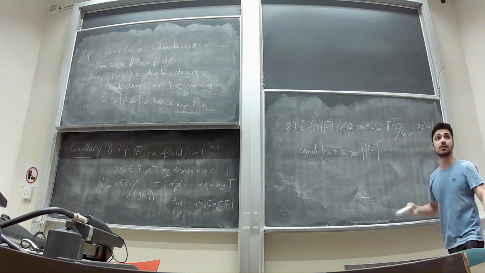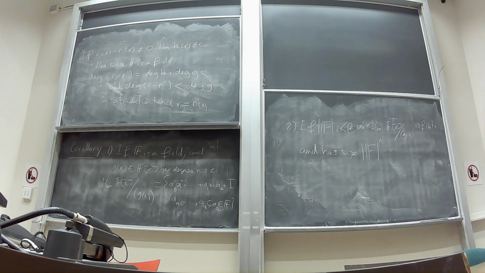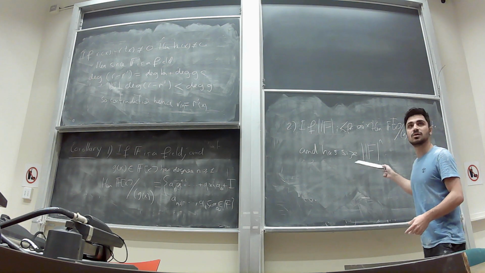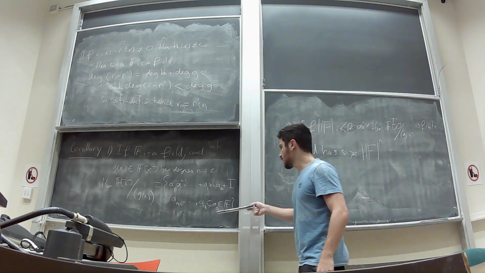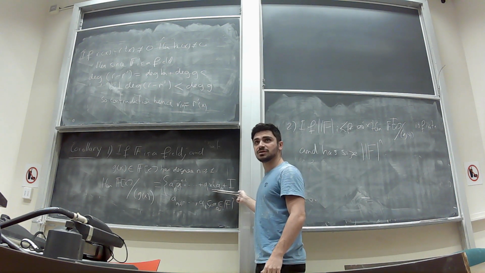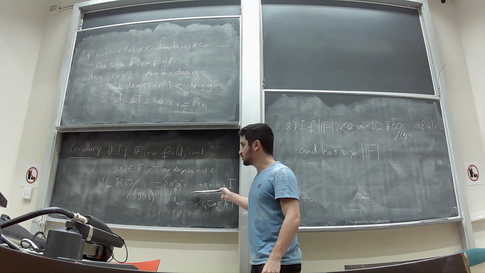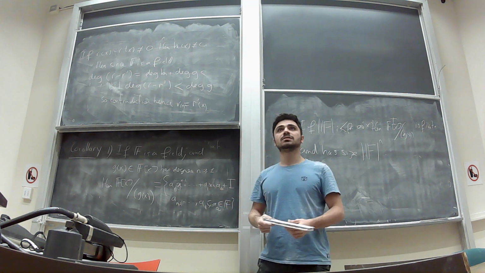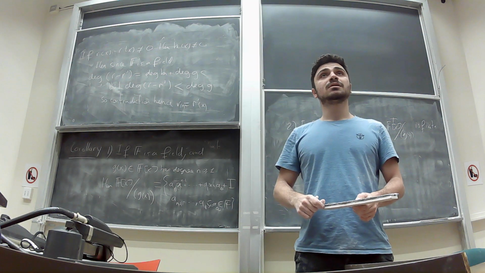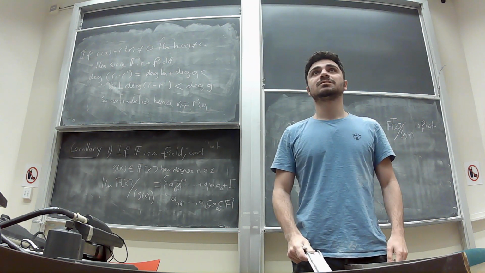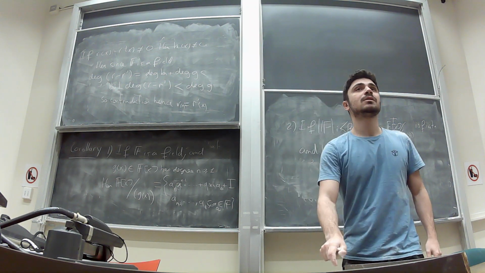How many choices do you have for each one? You have q choices here. There are |F| choices here. How many choices do you have for a1? |F| choices. For a2? |F| choices. For a_{n-1}, how many? |F| choices. What is the combination of all of them?